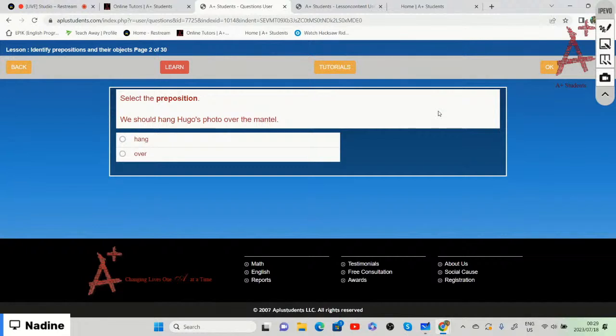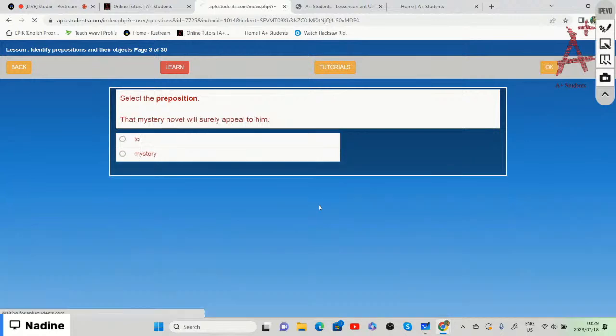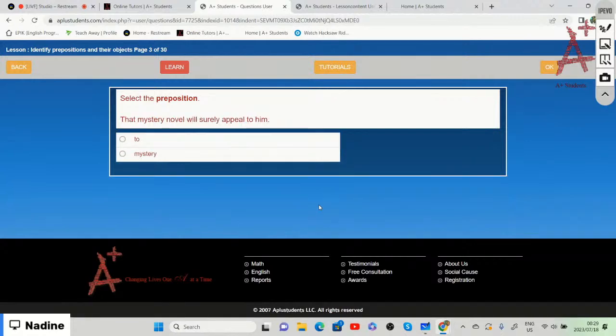All right, so if we choose the correct preposition within that sentence, we will choose over. Right, so over is a preposition that tells us about the noun or the object mantle, and it connects it to the rest of the sentence.